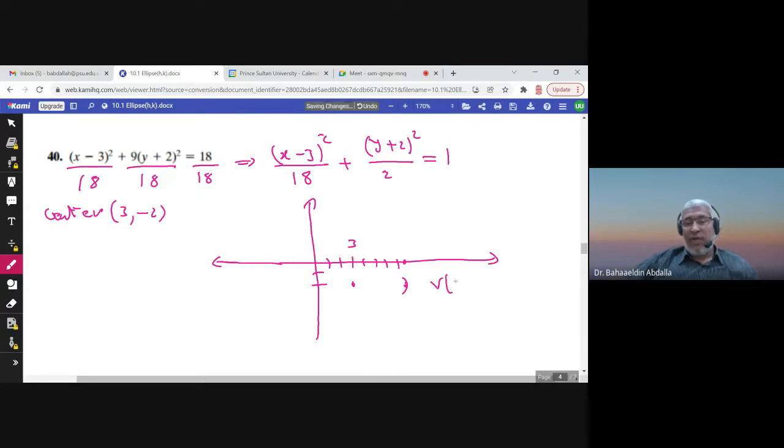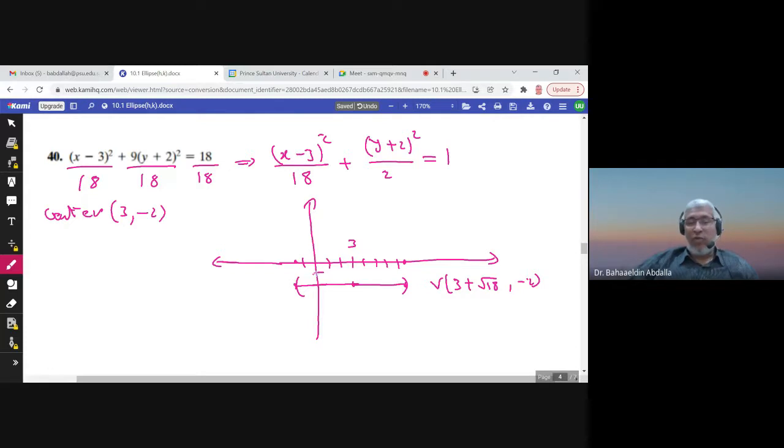I start by 3 and add square root of 18. Also, I subtract square root of 18, which is negative 4.2. So this is the major axis. These are the vertices. Square root of 2.